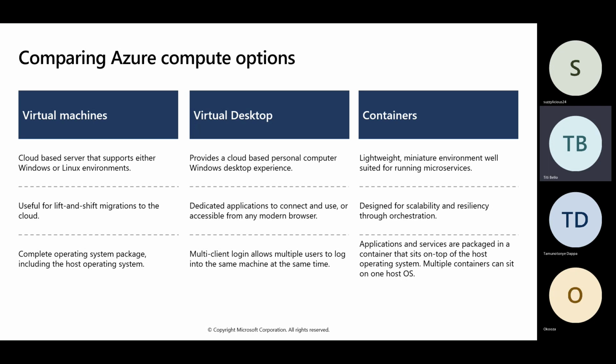Then virtual machine is useful for lift and shift migration to the cloud. If you are migrating your resources from your on-premises data center, you can migrate those machines directly to the cloud while you plan how to convert them to maybe other types of services.